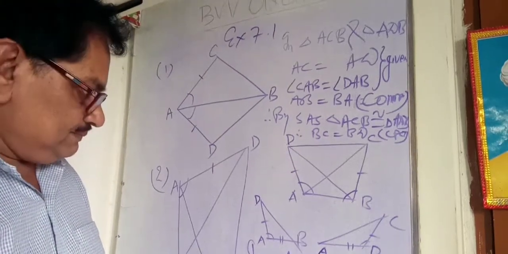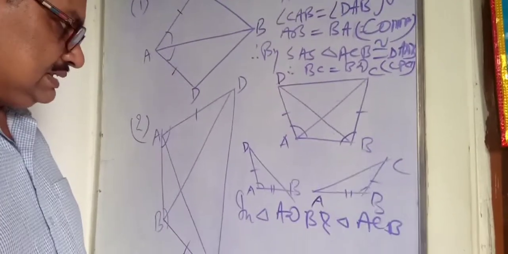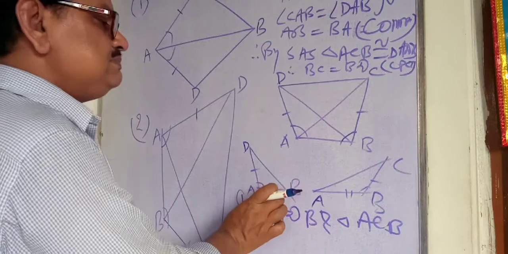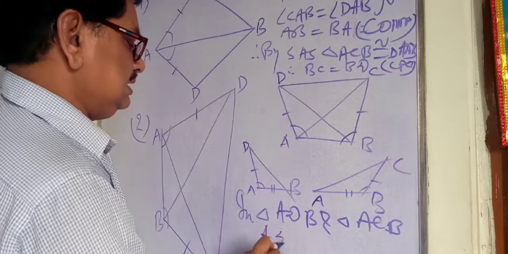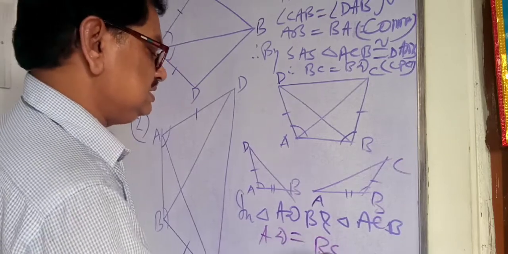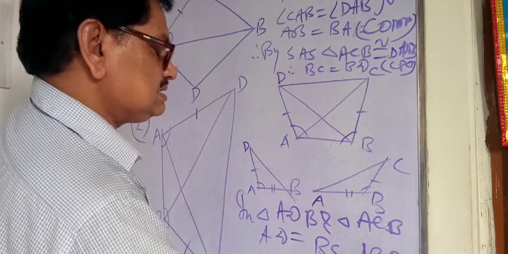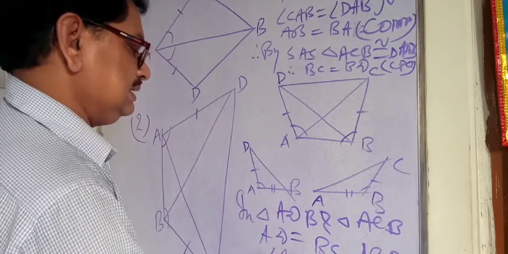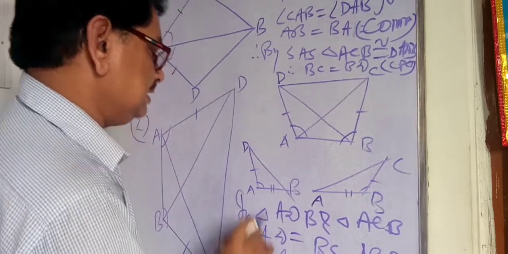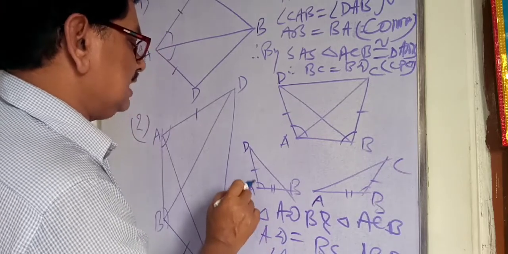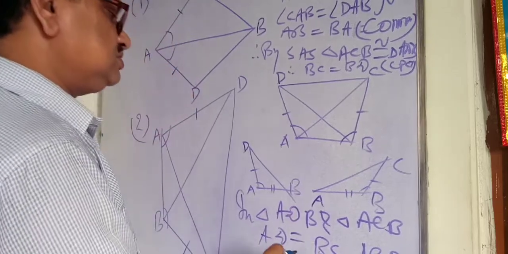We have been given that AD equal to BC and AB equal to AB. That was common. So AD equal to BC and AB equal to BA. This is common portion. Angle A is equal to angle B. So therefore by side, angle, side, SAS, both these triangles, which triangles?